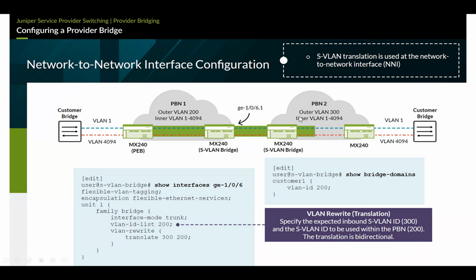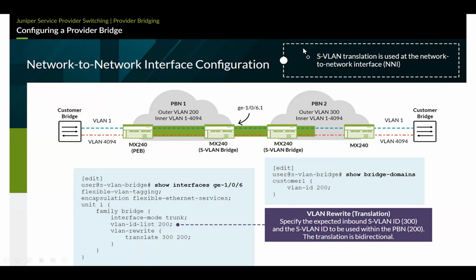So in that case, the outer VLAN ID is different. Okay, in that case, you need to rewrite. So this S-VLAN bridge is this one.